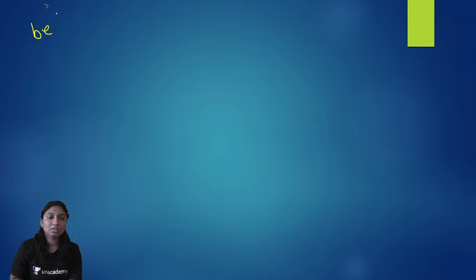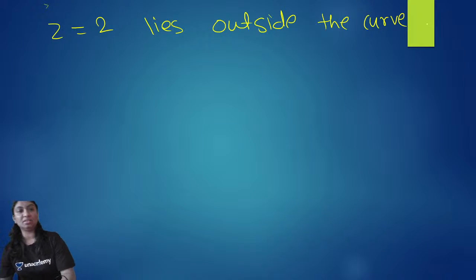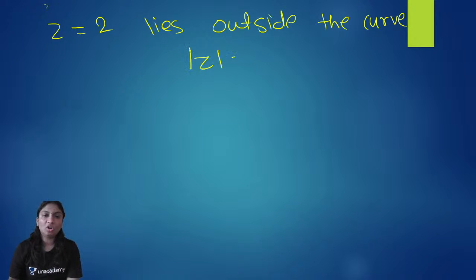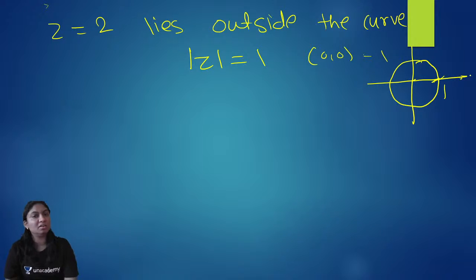Because z is equal to 2 lies outside the curve C. The residue theorem applies only for the poles that lie inside the curve C. Now see here, you have mod of z is equal to 1, which means this is a circle with center at 0, 0 and radius 1, and z is equal to 2 lies outside the curve C. So there is no need to find the residue for that.